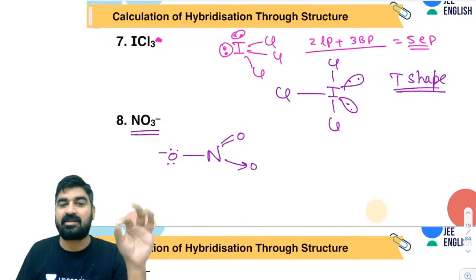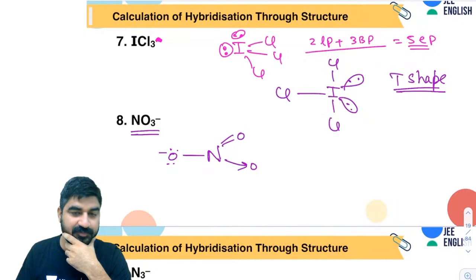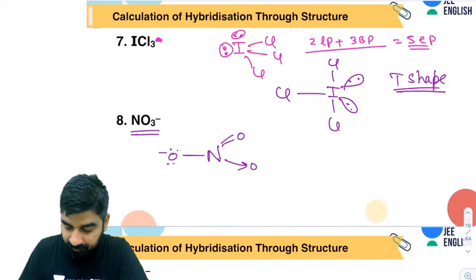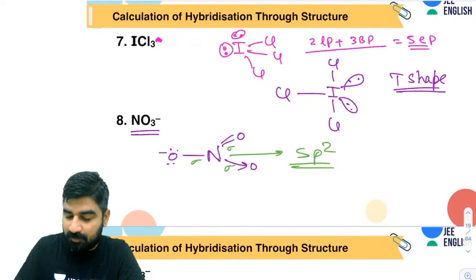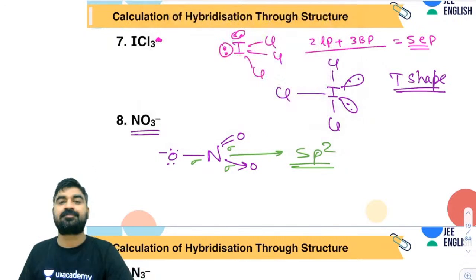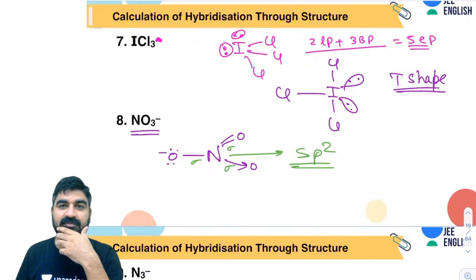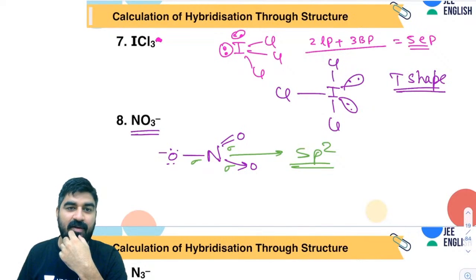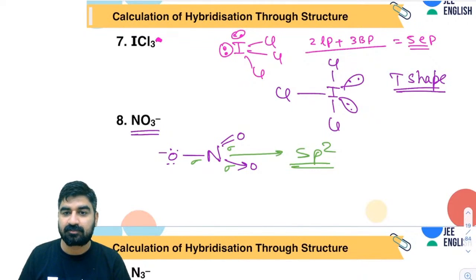Always remember, guys, in NO3 minus you will have one coordinate bond. So 1 sigma, 2 sigma, 3 sigma. So it would be sp2. Got it, guys? It would be sp2. Any doubt, guys? No doubt.